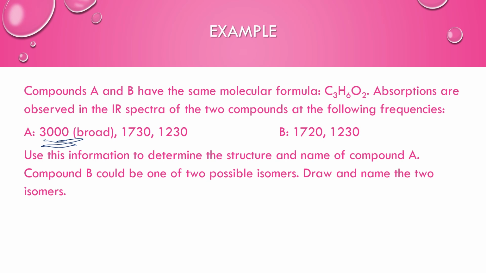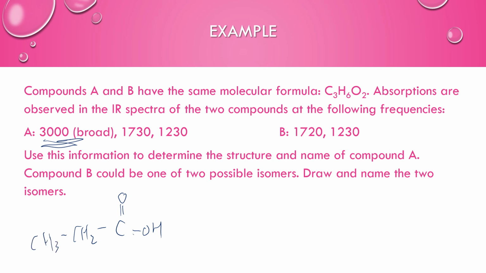It's 2500 to 3000, and it says for carboxylic acids. So that's our clue that we're definitely going to make a carboxylic acid out of this. And then the rest of the compound will come off of that carbon. So we've got CH2 and CH3, like this.